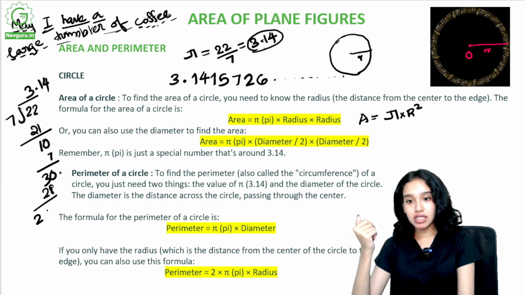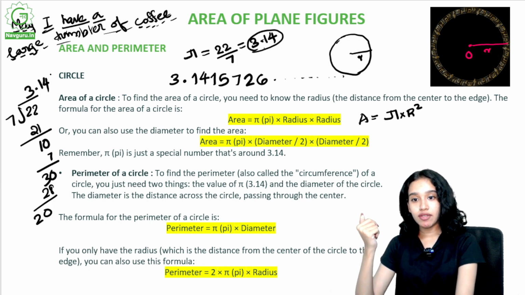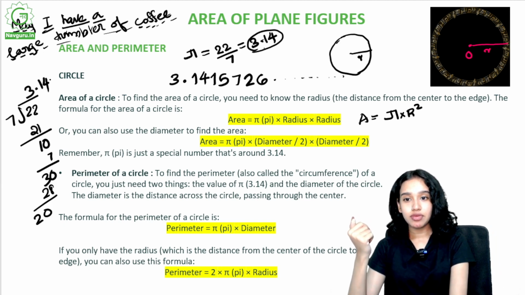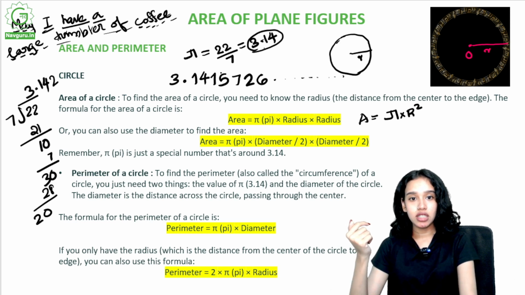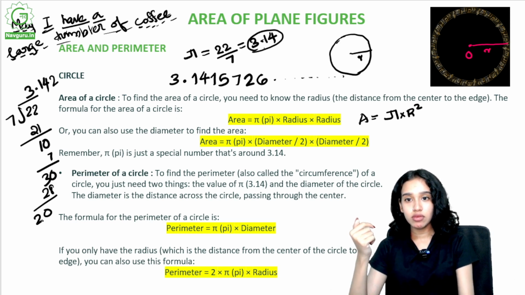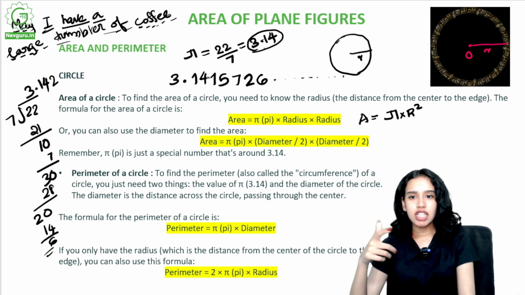We get 2 balance, again put a 0, we get 1 sevens are 7, 2 sevens are 14, 3 sevens are 21, right? So it just goes on, right? It could be concluded to 3.142 if we are concluding this, because this is a very huge number.